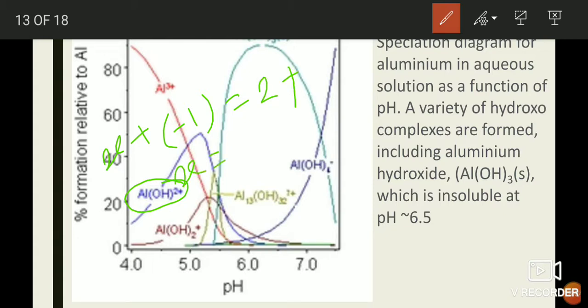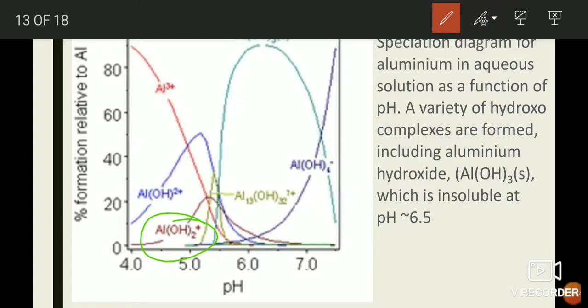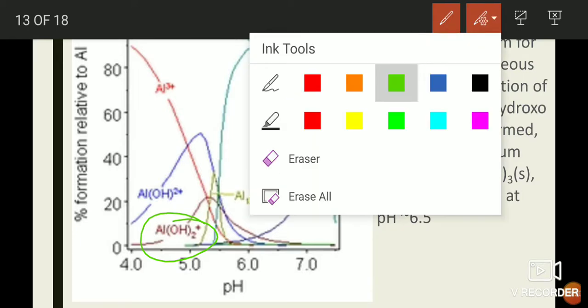Then X is equal to 2 plus 1, X is equal to plus 3. Then the aluminium oxidation state is plus 3. This complex also has aluminium in the plus 3 oxidation state. This complex has an overall minus charge.